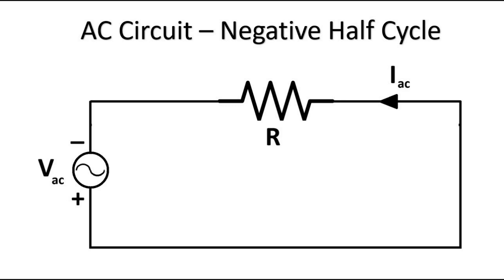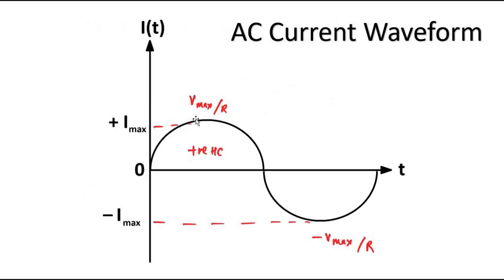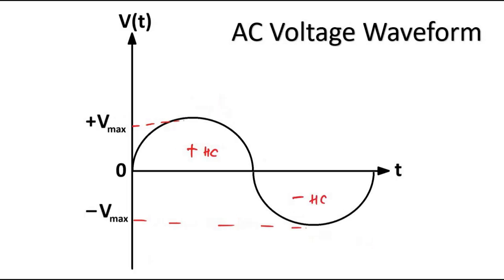Two important parameters which we discussed, magnitude and direction, both are changing. Starting from 0, increasing, then decreasing, the magnitude is changing, and where polarity is reversed, it becomes minus, so direction is also changing along with magnitude. So both magnitude and direction change for AC waveforms. This is for the AC voltage waveform, and this is for the AC current waveform.